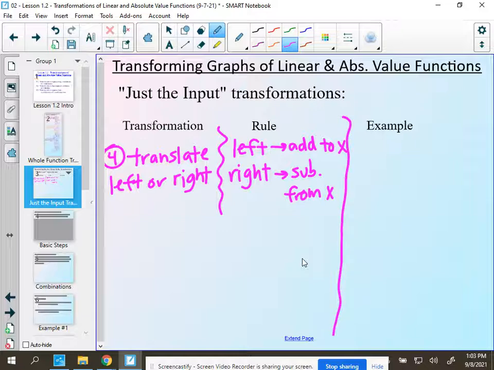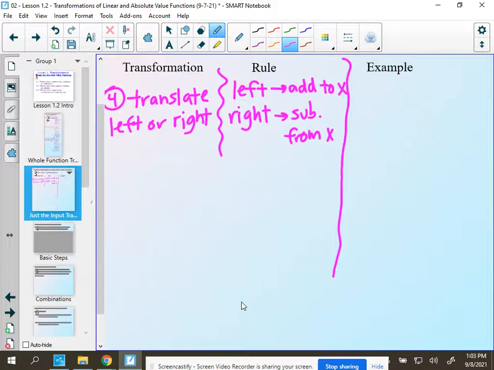Okay, so this one can get a little bit weird with both absolute value and linear. So make sure you do the example. I don't know why you wouldn't. Here we go. Let's say y equals, I keep picking the same numbers, 2x minus 3. Who cares?